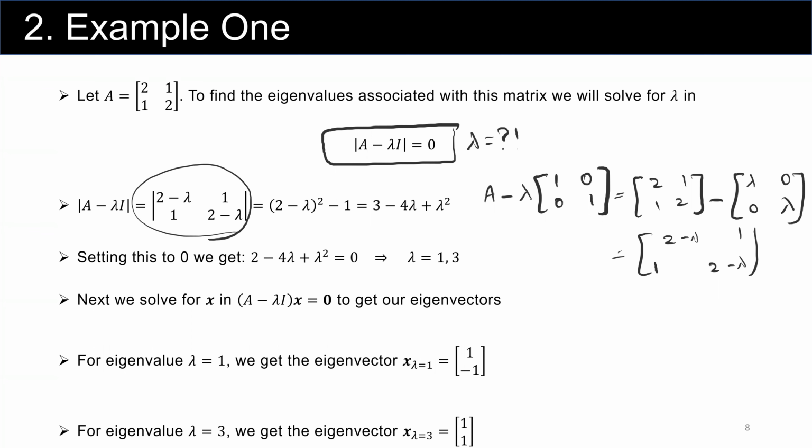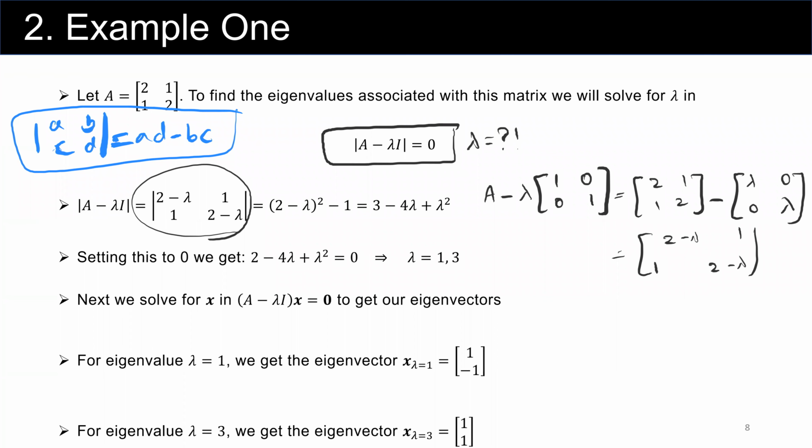In the next step, we find this determinant. Determinant of [A, B; C, D] is AD minus BC. We talked about this in the determinant part of this lecture. So we have this determinant. Now we simply put this equal to 0. If you solve this, there will be two lambdas: lambda is equal to 1 and lambda is equal to 3.